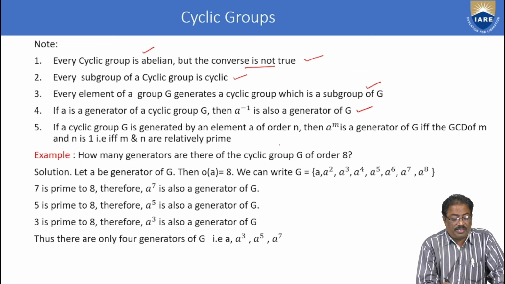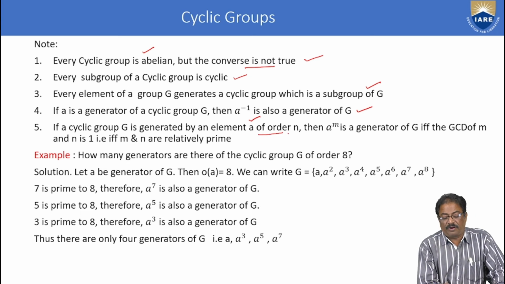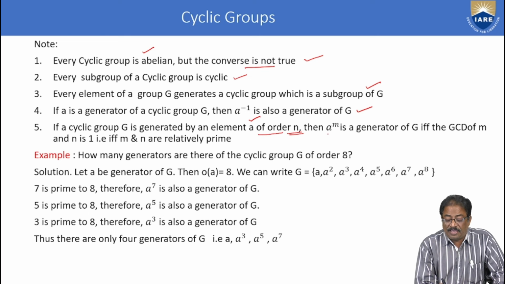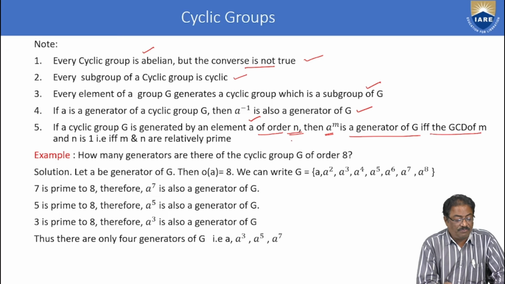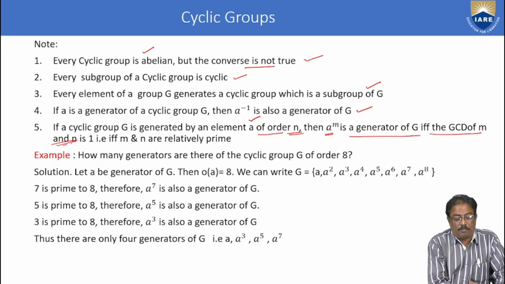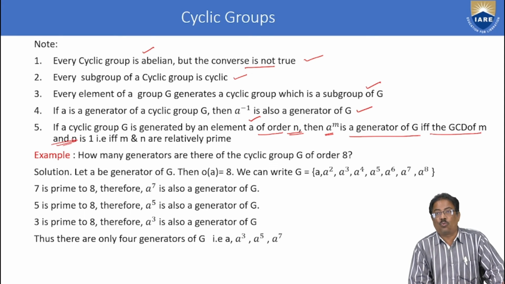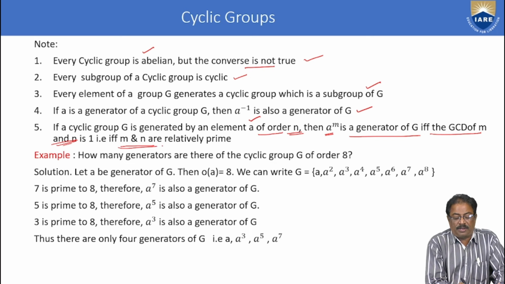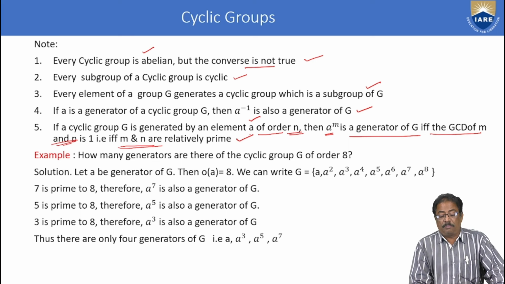If G is a cyclic group generated by an element a of order n, then a power m is another generator if and only if GCD of m and n is equal to 1, or we can say m and n are relatively prime.